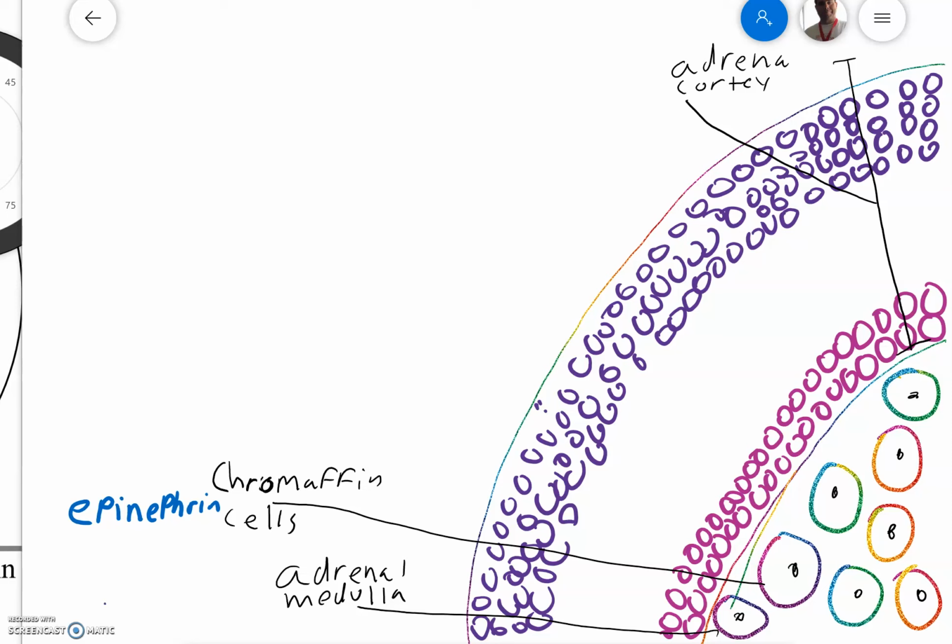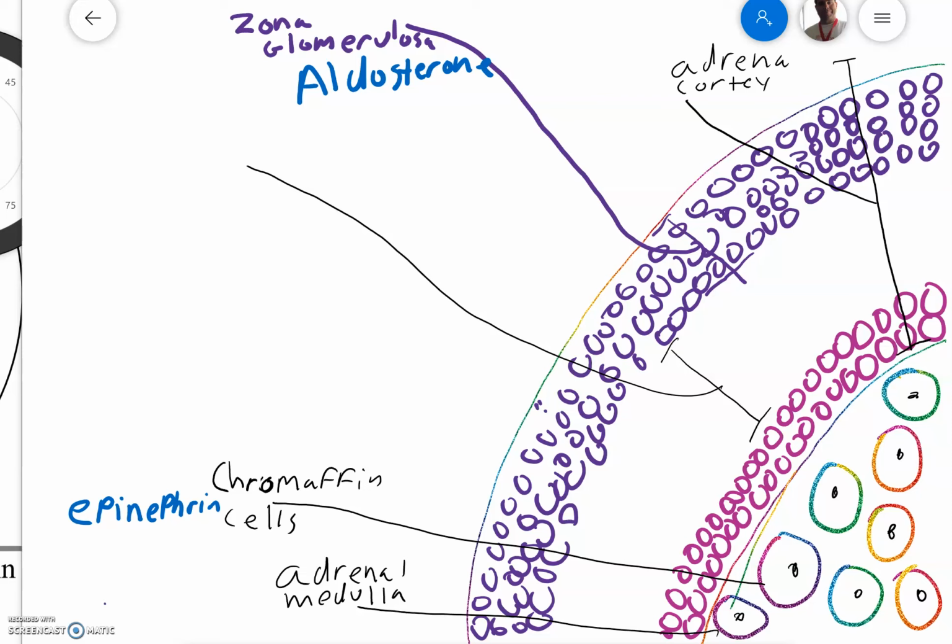Now, we have 3 zones in our cortex: the zona glomerulosa, the zona fasciculata, and the zona reticularis. The zona glomerulosa is this outer, usually darker region, and it makes the hormone aldosterone, which affects water retention in the kidneys. The middle zone, right here, is the zona fasciculata, and it makes cortisol.